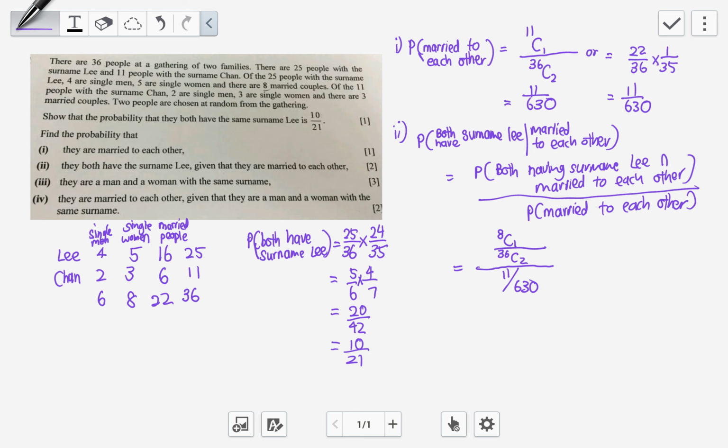And we can get the answer. So 8 divided by 36 choose 2, times 630 divided by 11, so we get 8 over 11.